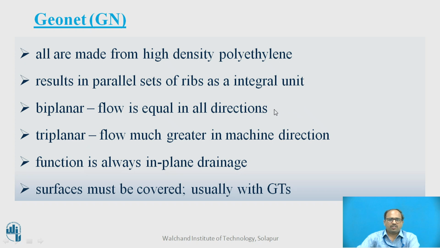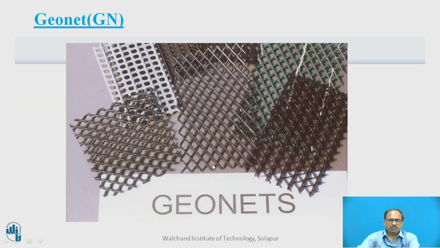Biplanar is used where flow is equal in all directions, while in triplanar flow is much greater in the machine direction. The geonet surfaces must usually be covered, like with geotextile. This is your geonet.